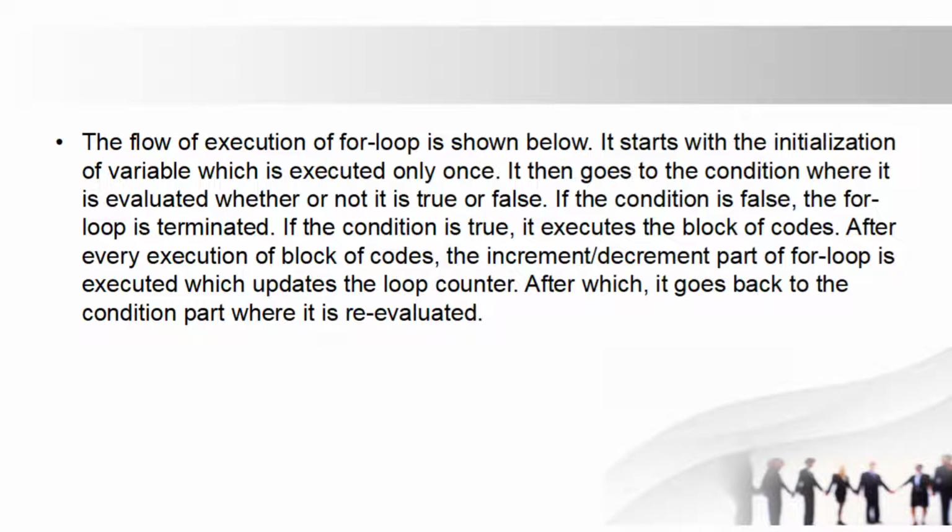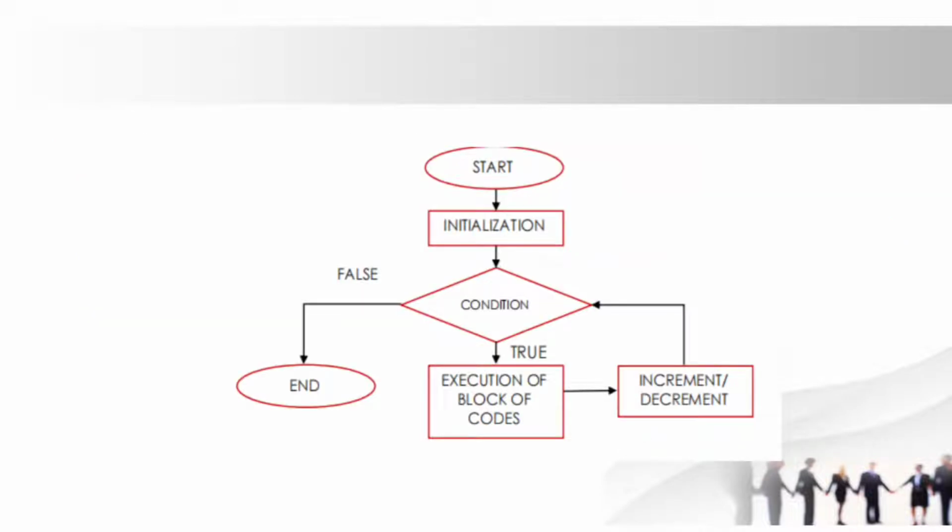If the condition is false, the for loop is terminated. If the condition is true, it executes the block of code. After every execution of the block of code, the increment part of the for loop is executed, which updates the loop counter, after which it goes back to the condition part where it is re-evaluated.